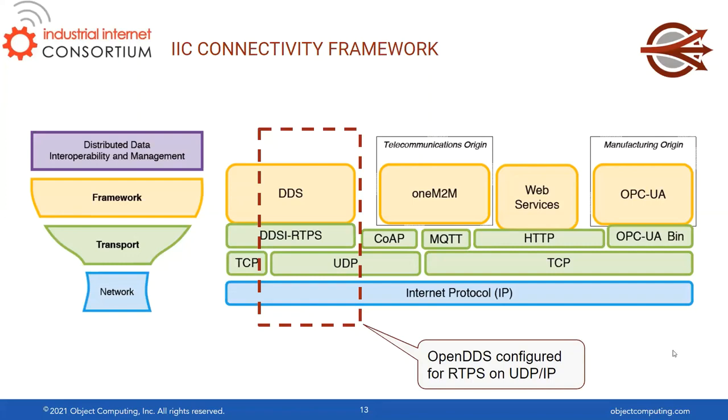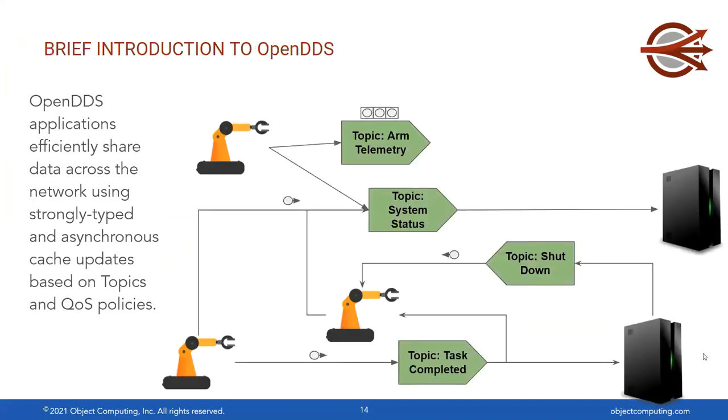So since we are talking about OpenDDS and how it's used to address these needs of an IoT application, let's talk a little bit more about DDS and OpenDDS so that we all have some common background in terminology and how these systems work.